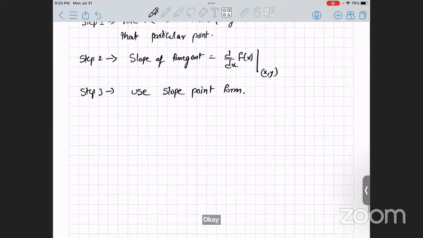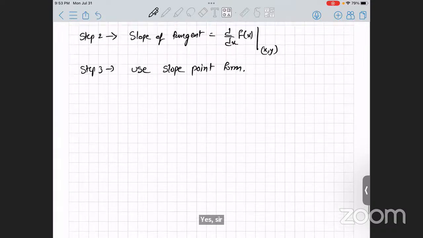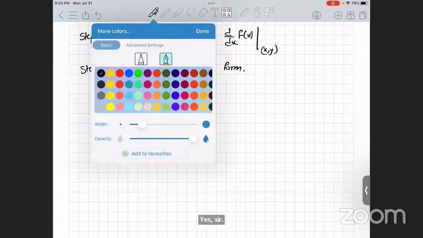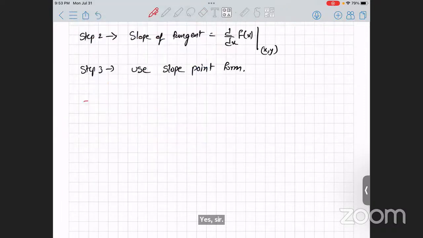Now I will explain with an example. Suppose the function is x power 4 plus 3x cube plus 4x plus 3.